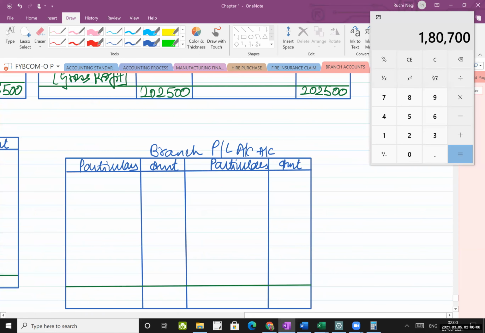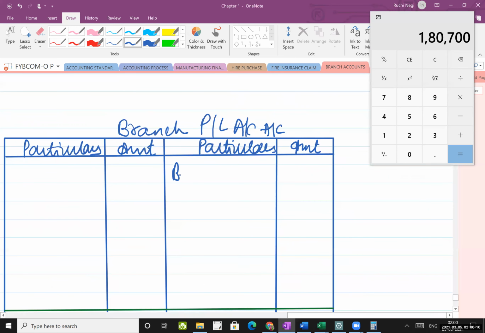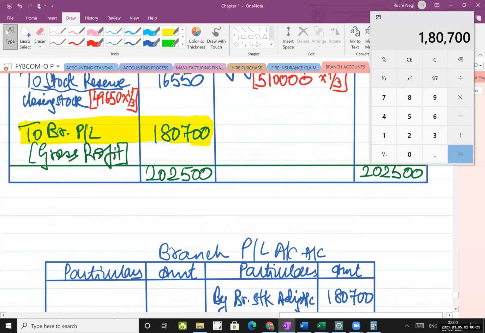Second effect, take it here: by branch stock adjustment account, 1 lakh 80,700. Okay, so this is also done.